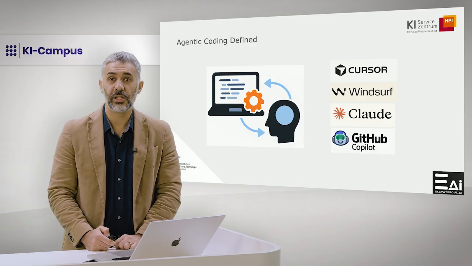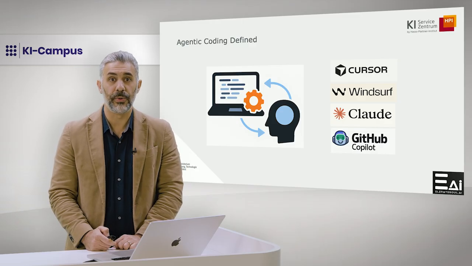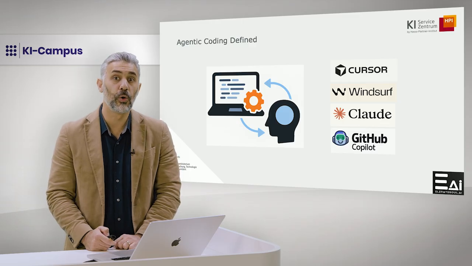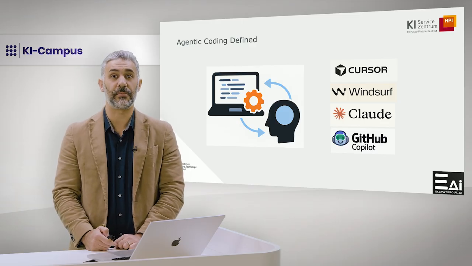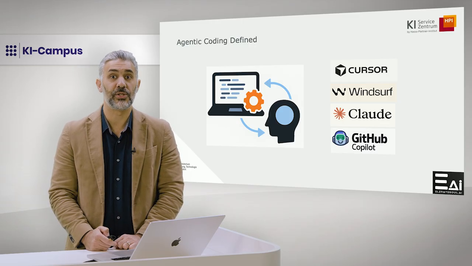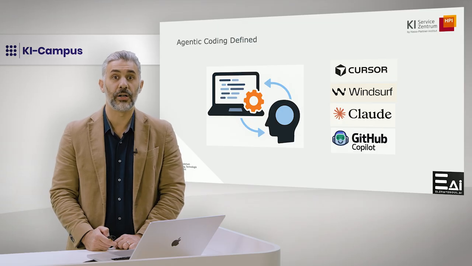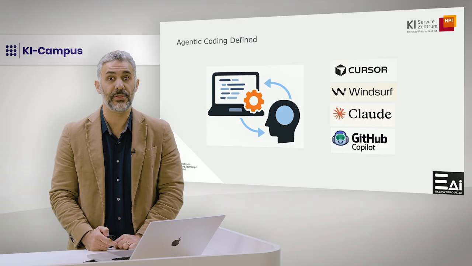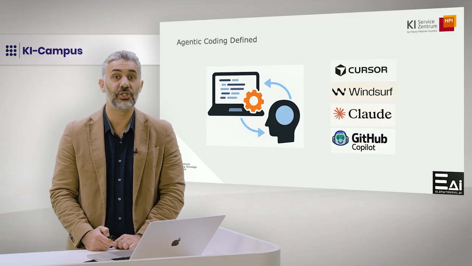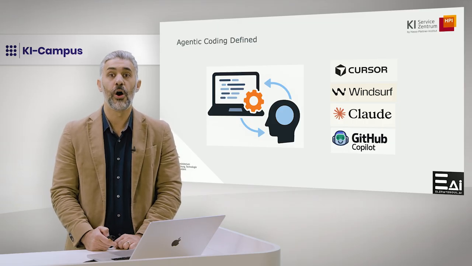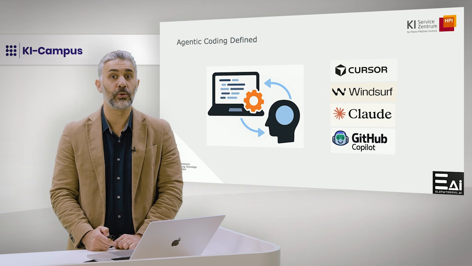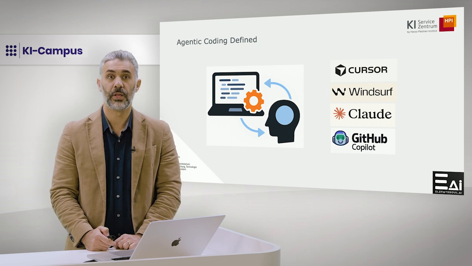The key distinction lies in autonomy and scope. Traditional tools work with local context and suggest fragments. Agentic systems read entire code bases, understand file relationships, run commands, test and verify their own changes, and adjust behavior based on results, all without needing manual coordination from the user.